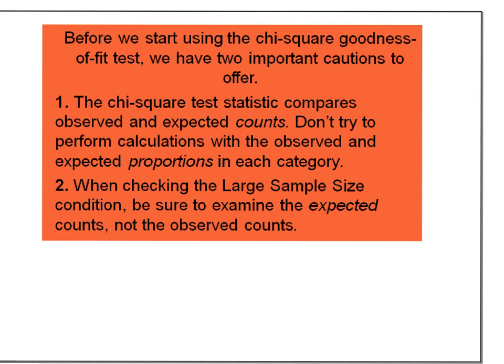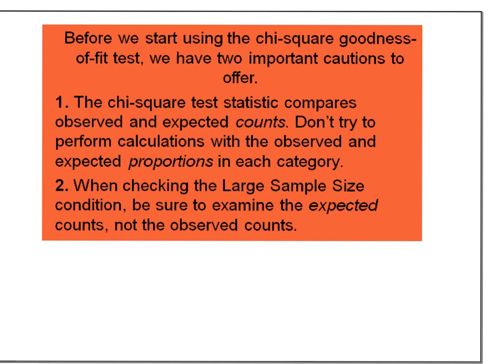One of the conditions changes. Random is still important. That always is. But condition number 2 is no longer normal, which, if you think about it, makes sense. We just talked on the other slide that chi-squared is a distribution that's right skewed, so why would we verify that it's normal when it's not?